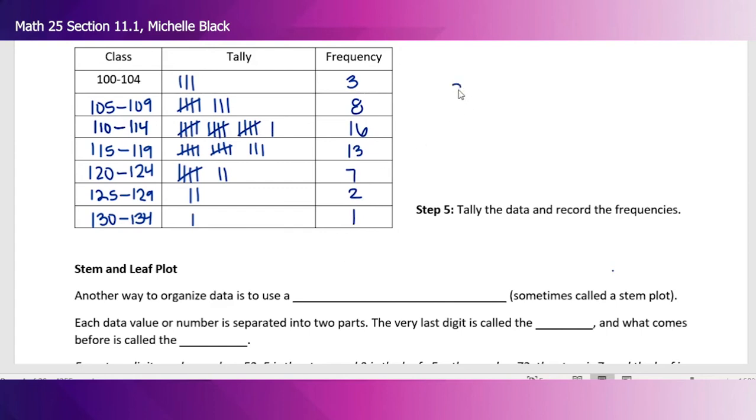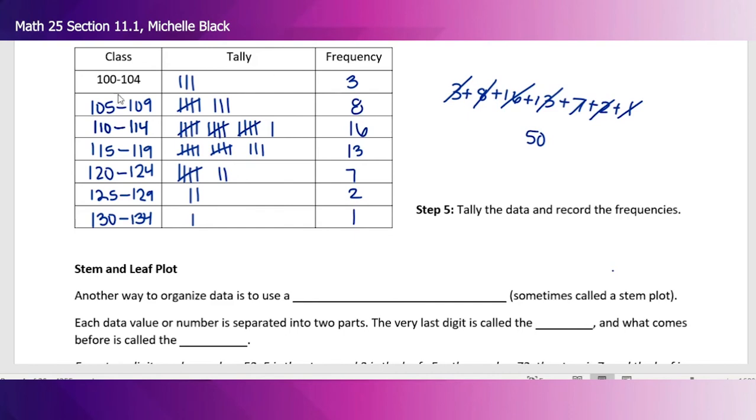And again, it might be helpful to add these up to make sure you didn't miss any. We want to make sure that we add up to 50. So that's 10, 18, 21, 34, 40, 50. So we did add up to 50.